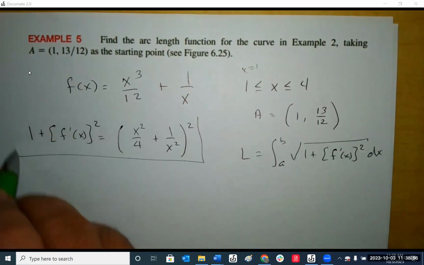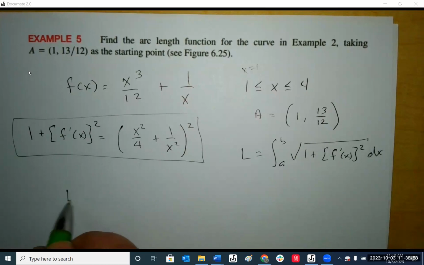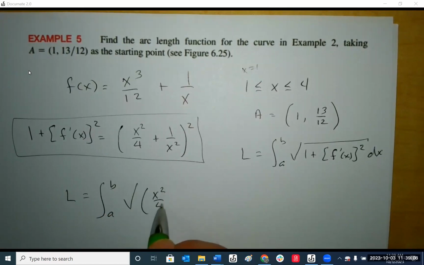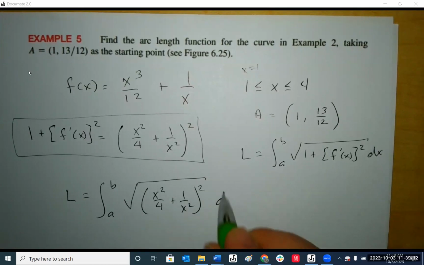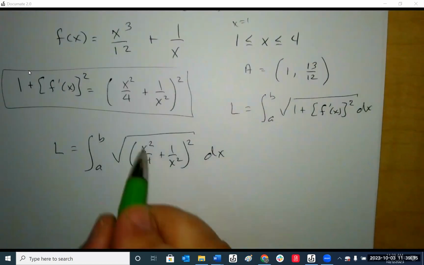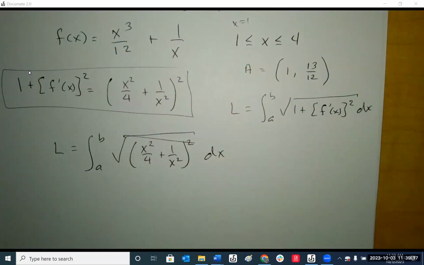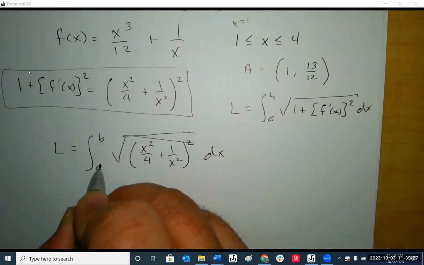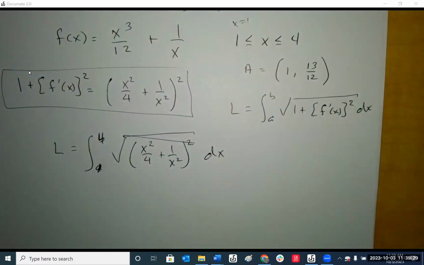So we have L equals the integral from a to b of the square root of x squared over 4 plus 1 over x squared, squared, dx. Oh yeah, bounds 1 to 4.